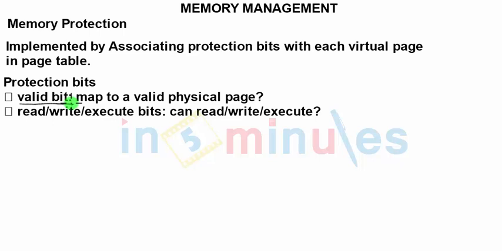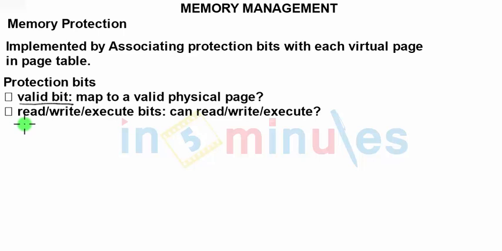Sometimes when you cache a particular page and it has been altered, this bit needs to be set, because once this bit is set, the application which is accessing this particular page would understand that the page is no longer valid and it needs a refresh. It is also used when we want to write back a page to storage. That means I have taken some data, I altered it, and I want it to go back to the permanent storage. So the valid-invalid bit will be used in two ways.